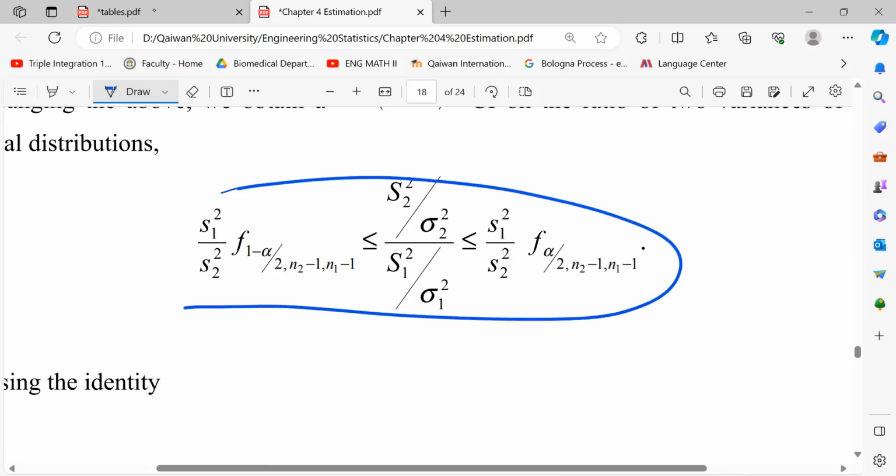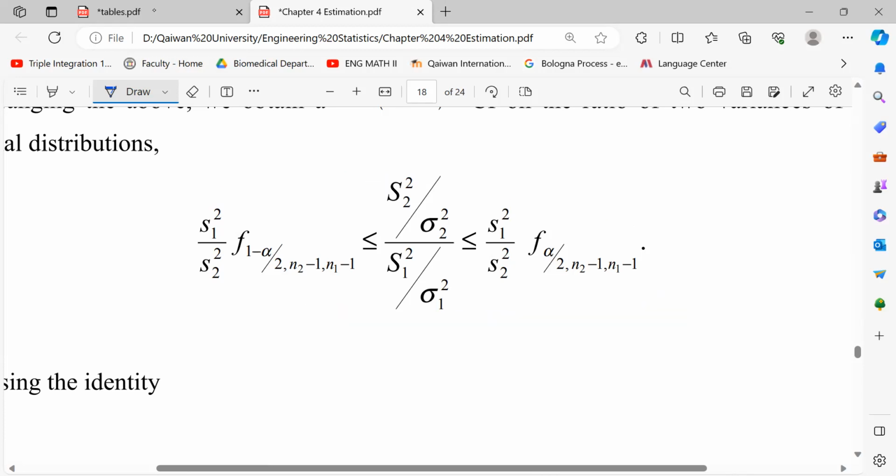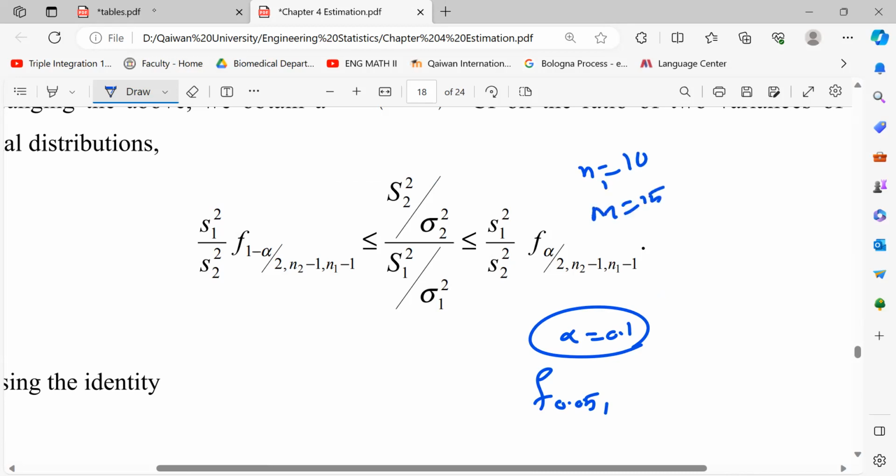We have this, but you don't need to memorize this one. Don't use this one, because in the F table, let's say alpha to be 0.1, so f of alpha over 2 is 0.05, and let's say n1 to be 10 and n2 to be 15.